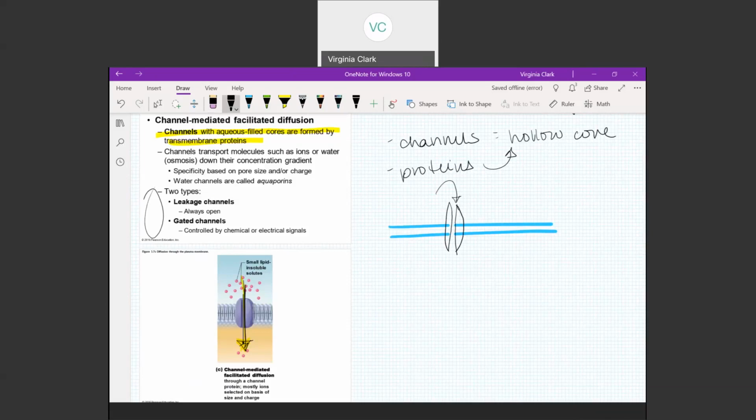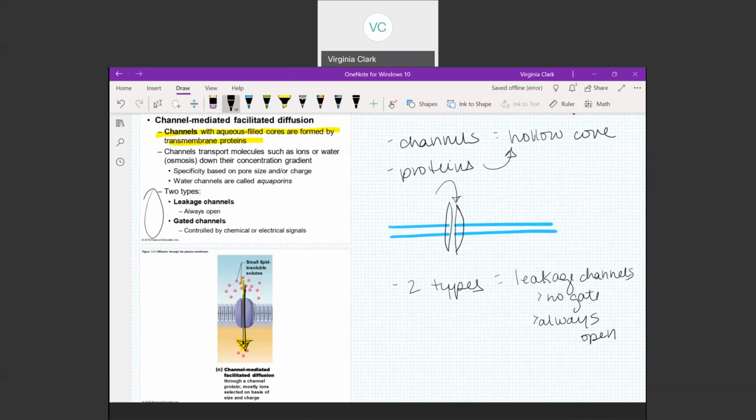These are going to have some sort of gate. There are two types of gates that will keep this bridge open. There's going to be a leakage channel, and a leakage channel has no gate. It is always open. So that's just a bridge that is always open.